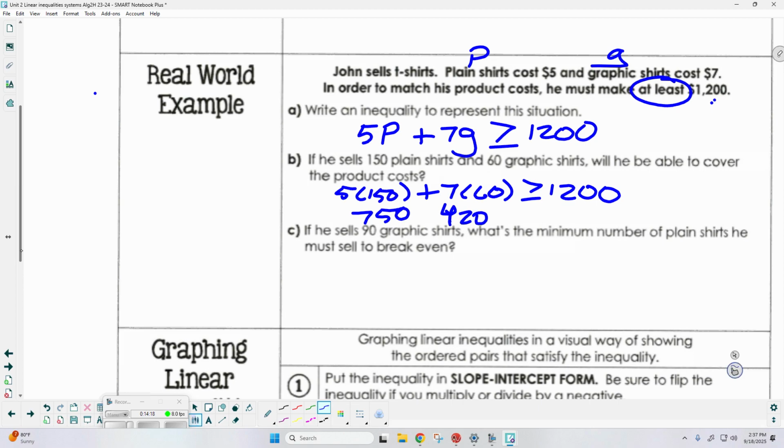So 750 plus 420 is greater than or equal to 1,200. Well, 750 plus 420 is 1,170. So will John be able to cover his product costs? No, he will not. Because that's not a true statement, so it's not a solution.